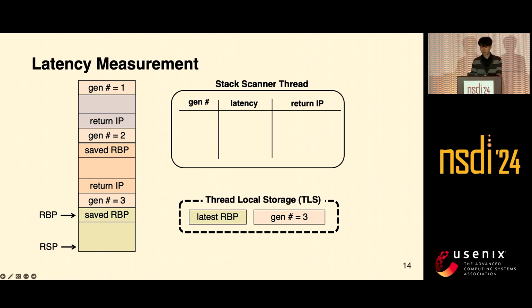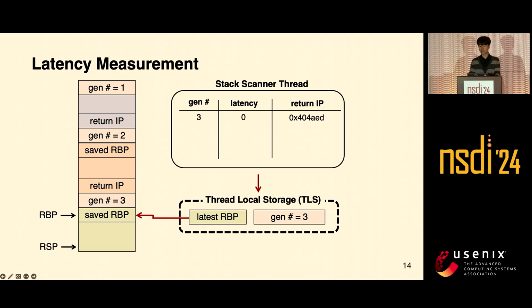With all the techniques, let me dive into how LDB actually measures the latency in detail. The stack scanner thread keeps track of the latency and the return IP for each generation number. At initialization, the stack scanner thread starts traversing the stack frame using the latest RBP in the TLS.